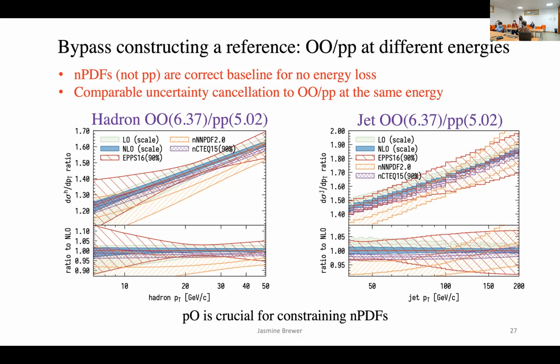And also, as was discussed by Carlota, in the case of proton-oxygen we don't have the proton baseline at the same energy, but similar techniques of taking a mixed energy ratio can be used, and I have some results which I try to get public soon. And it seems like the mixed energy ratio is working very well in this case as well.